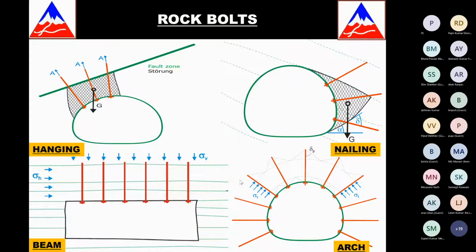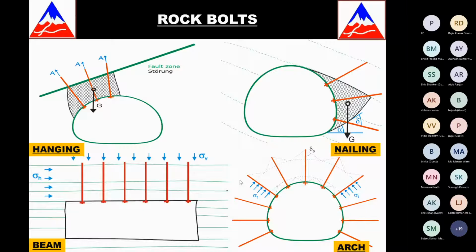And the other aspect is nailing, where if you see in the figure on your top right, those dotted green lines are the rock strata. So the rock bolts go from one fault plane into the other fault plane and they stitch or nail them all together. This stitching action is done by rock bolts.